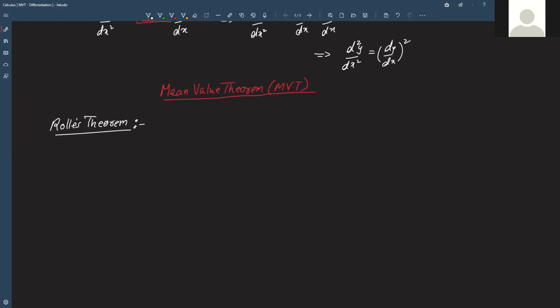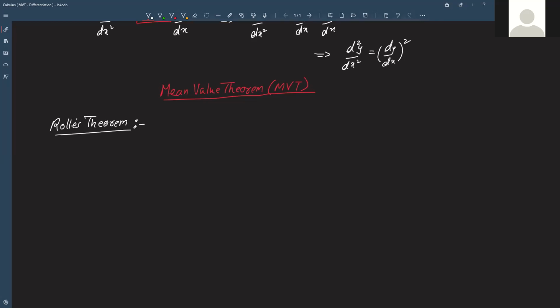The theorem says that if a function is continuous between 2 points A and B, and it is differentiable in this particular range or domain, and we have this situation such that f of A is equals to f of B, but A and B are not same, then there must be a point C between A and B, where f dash C will be equals to 0.